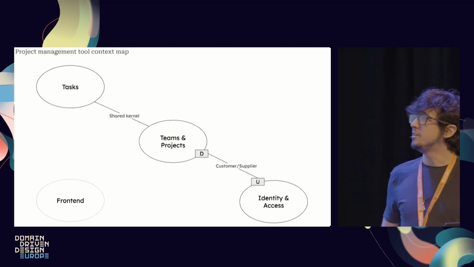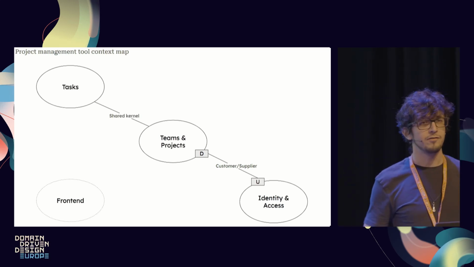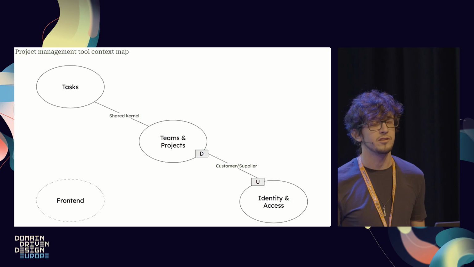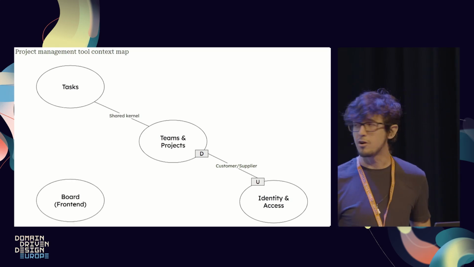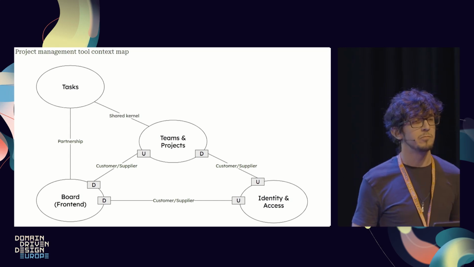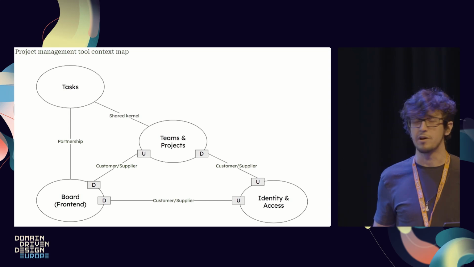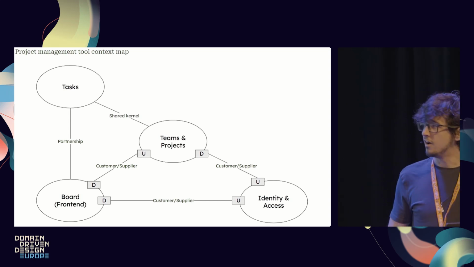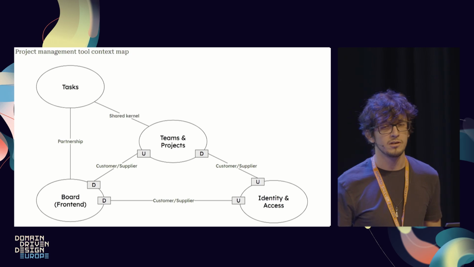So even though we didn't see the front end in that initial context map, after some conversation with the UX team and the product team, you notice that you do have a bounded context for the front end, and we call it the board. And if you think more about it, you can even see that this bounded context has some relations with the other bounded contexts of the context map that you had in the beginning. And that's just the starting point of what we're going to do in this talk.